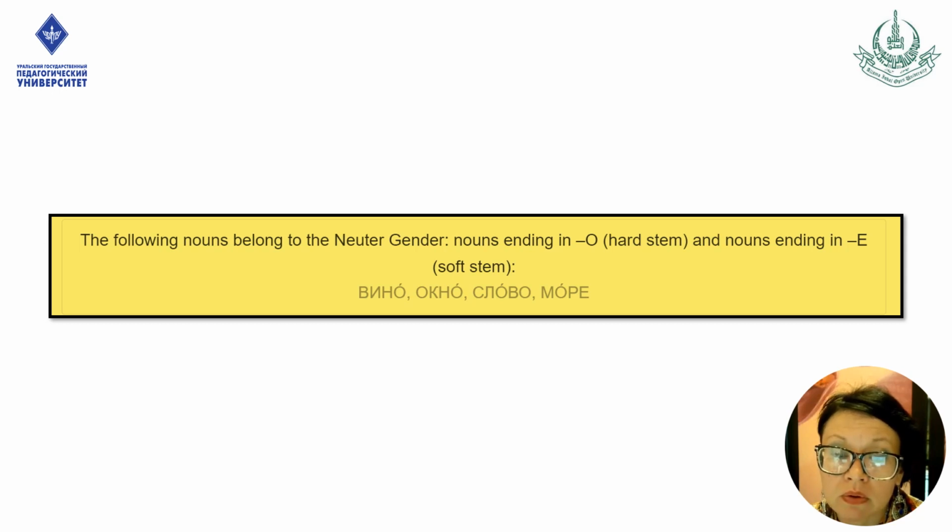For example, площадь, right? But студентка, the ending is а, and this is feminine gender in Russian. And nouns ending in о and е correspond to neutral gender in Russian, средний род, right? Вино, окно, слово, море. So we need a final vowel here, and it corresponds to neutral gender nouns.